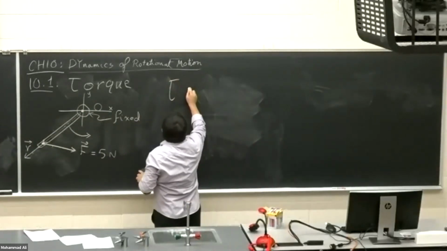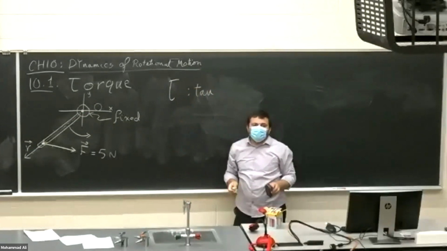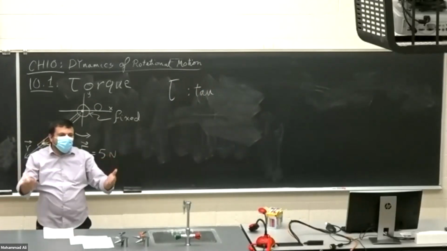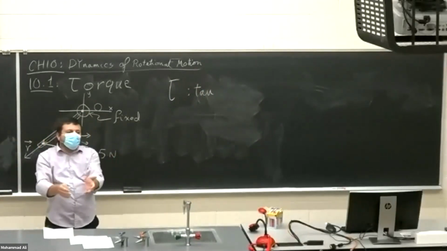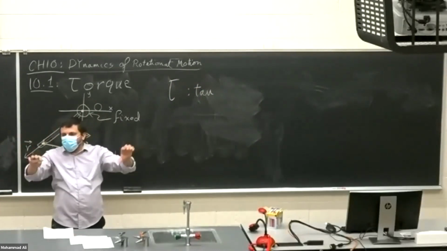Now, the torque has a symbol, tau. Any question? And as we know in physics, any quantity is connected to other quantities with a formula.